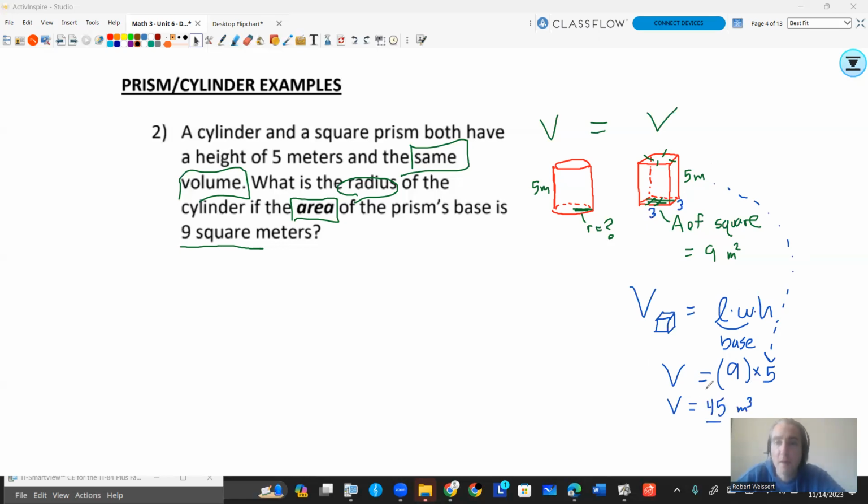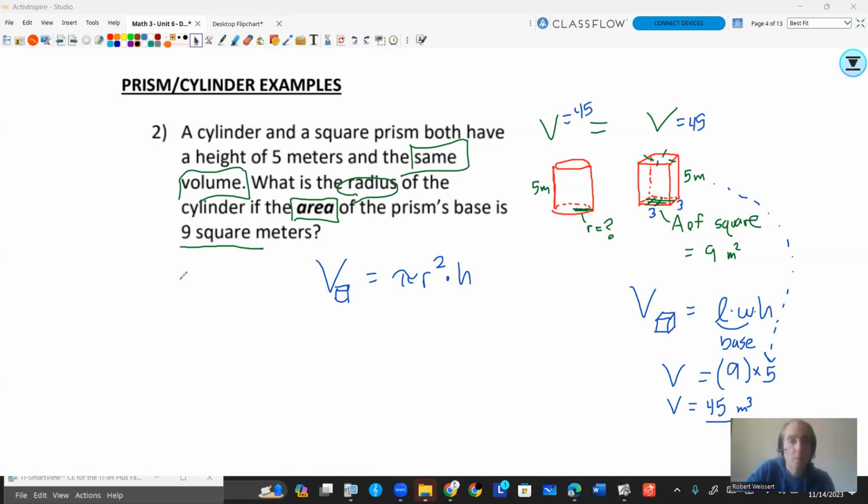So now I can take that volume, and since I know that volume is equal to that, the volume here is 45 and the volume here is 45, and the volume here is also 45. So let's go back to our formula for the volume of a cylinder. Volume of a cylinder is pi r squared times the height.